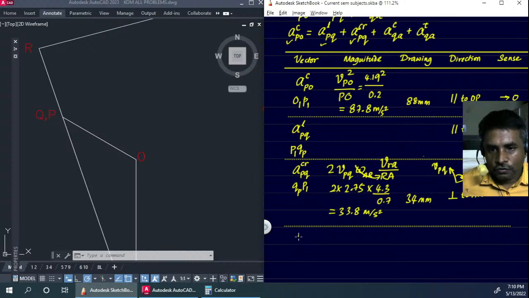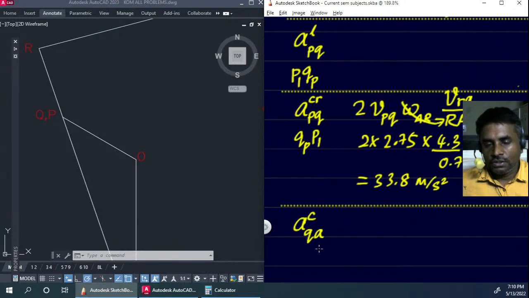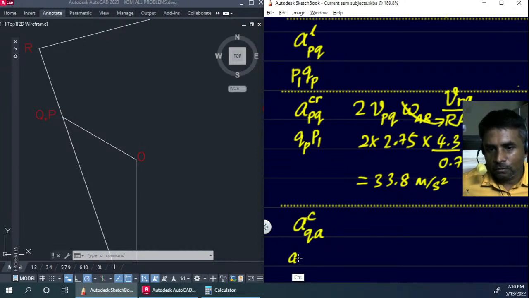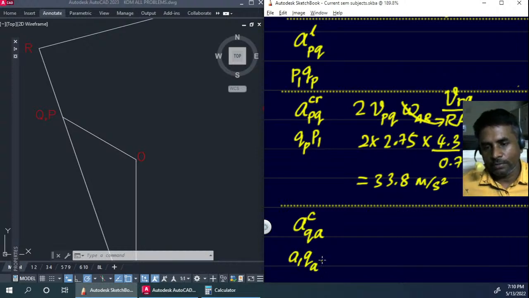Okay, so now we need centripetal component of q with respect to point A. So we'll again be starting at the fixed point A. So we'll be starting from A1, and we'll have to go to a temporary point, and that temporary point will be q of A, q subscript A. So let us see if we are able to find this value.